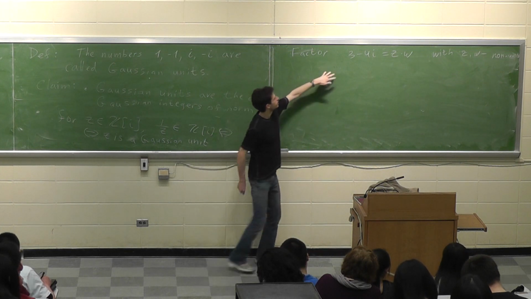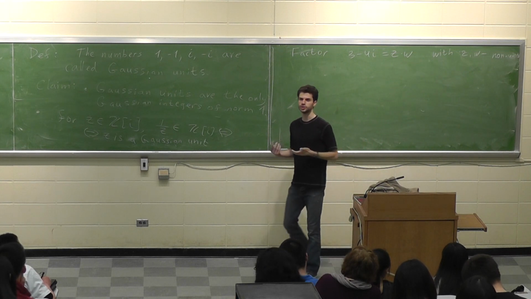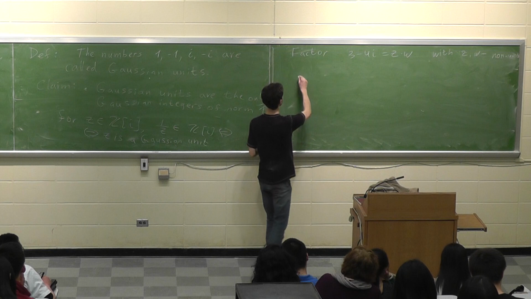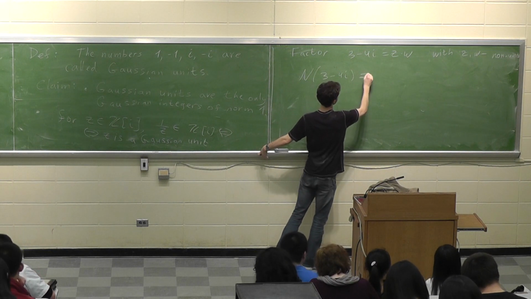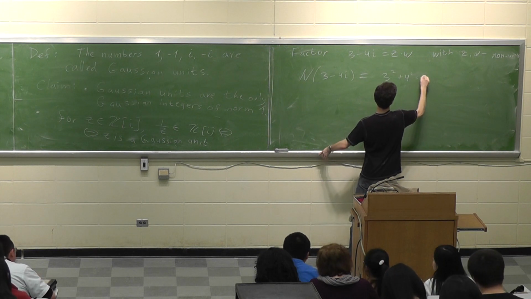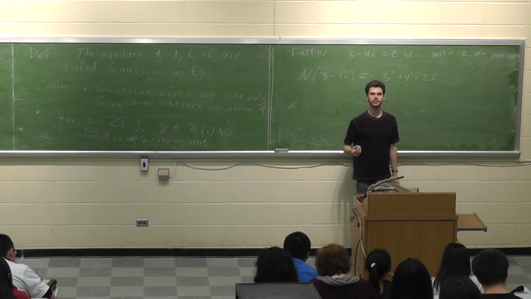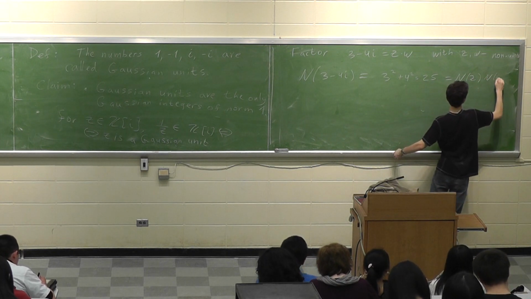Well, let's see. I want this thing to be a product of z and w. Let's apply the same trick. Let's compute the norm of both sides. The norm of 3 minus 4i is 3 squared plus 4 squared, which is 25. I want it to be the norm of z times the norm of w.